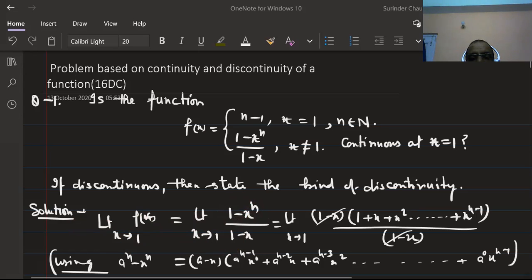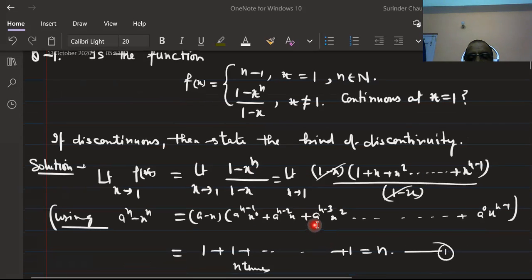Now using the formula a^n minus x^n is equal to (a minus x) into (a^(n minus 1) plus a^(n minus 2) x plus a^(n minus 3) x^2, and so on, up to x^(n minus 1)), with a equal to 1.